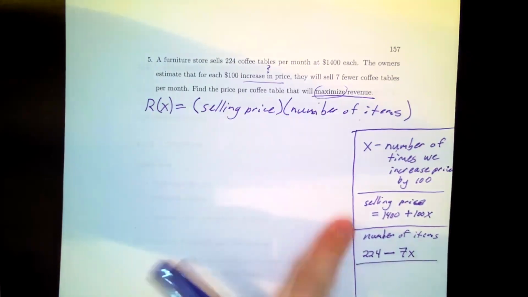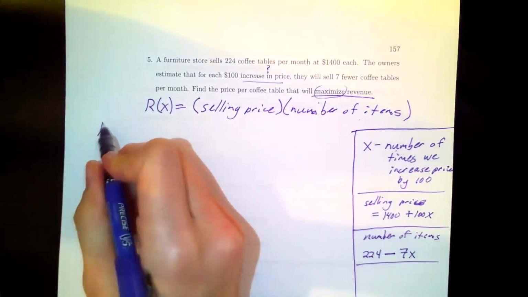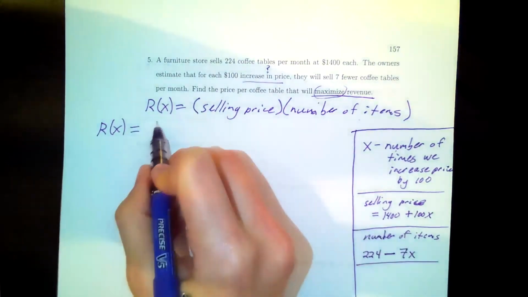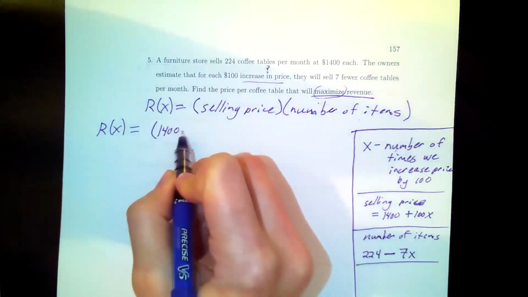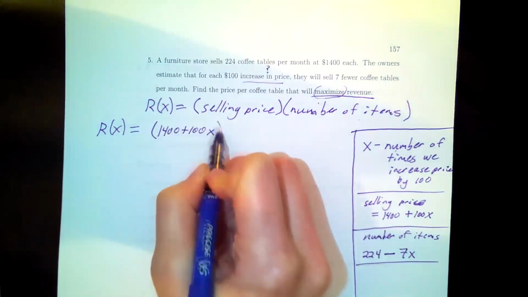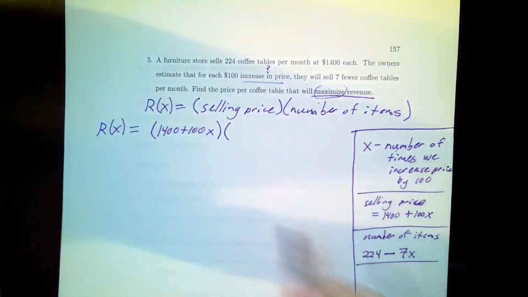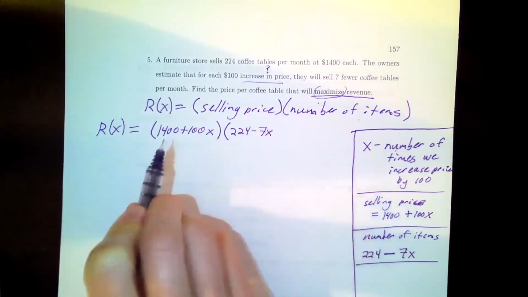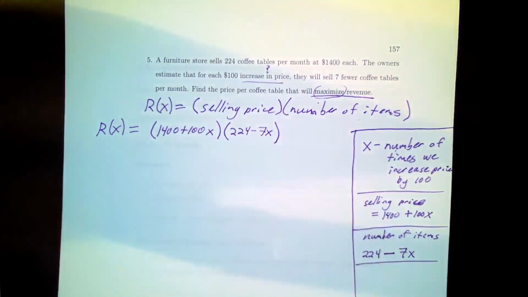So let's plug these values into my revenue function. Revenue is the selling price times the number of coffee tables sold, and I'm supposed to maximize that.